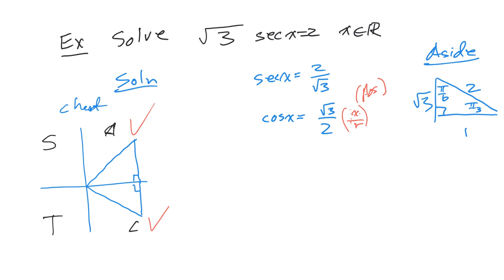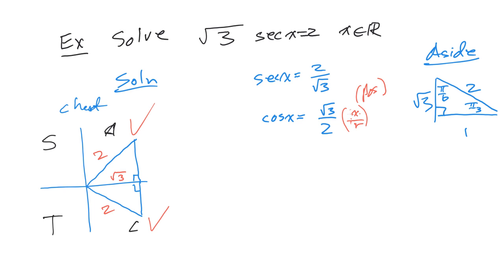So the r in this case is 2 on both of these triangles. And the x value along here is root 3.